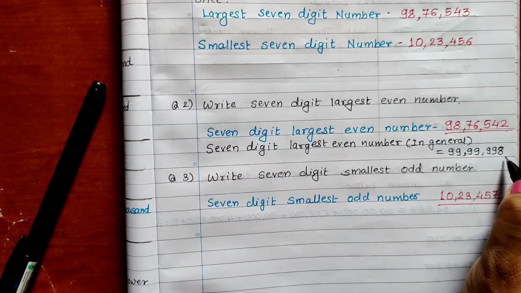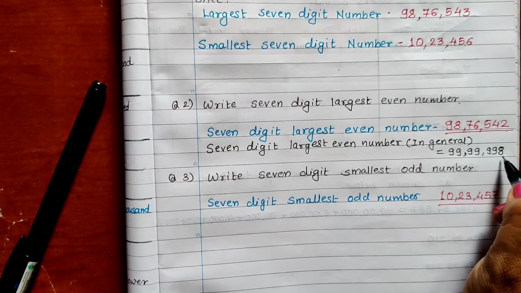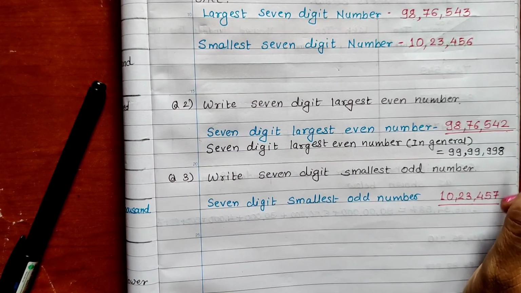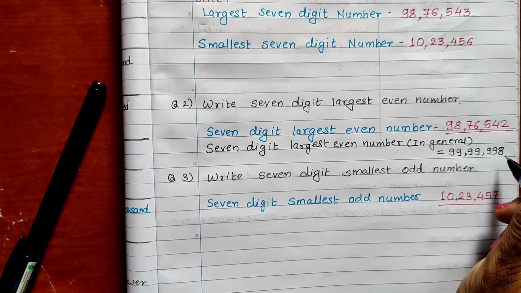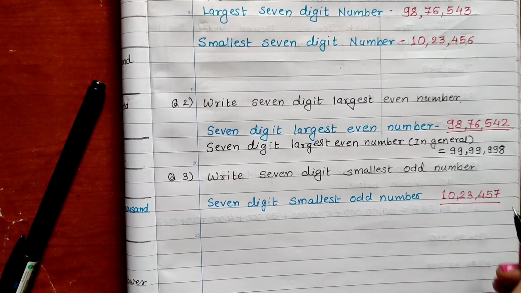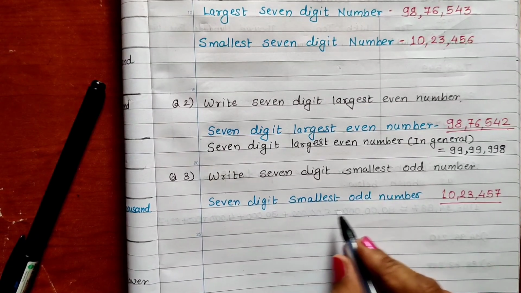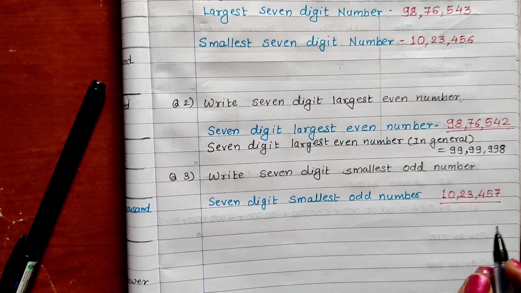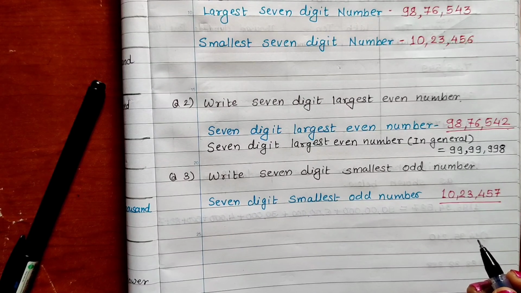Why have I written 8? Because if I write 9, it will become an odd number, and because I am writing 8, it becomes an even number, a 7-digit even number. And for writing the 7-digit smallest odd number, what should be done? Yes, it should start from 1 again. Correct?